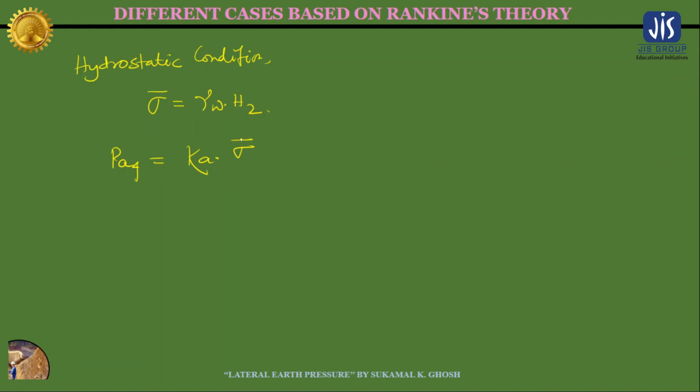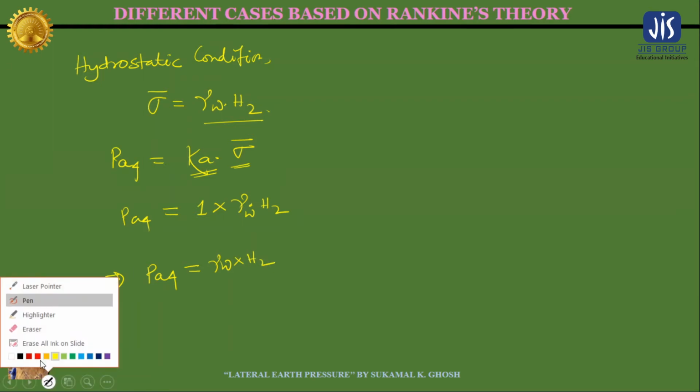Now we know in geostatic condition the value of Ka is 1, right? So it will be only 1 into the sigma bar is gamma W into H2. Okay. So the PA4 is equals to gamma W into H2.